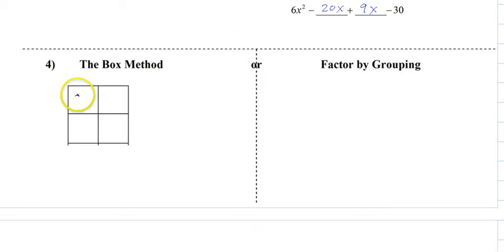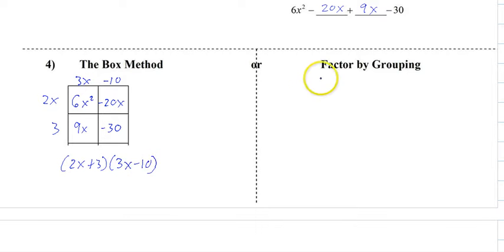So we take our four terms, put it in the box, and factor. So the top is 2x, that's a 3, that's a 3x, and that's a minus 10. And check it. There it is. So 2x plus 3 and 3x minus 10.